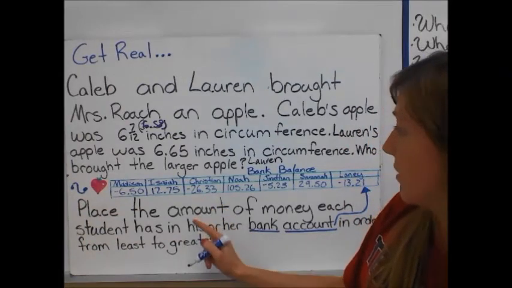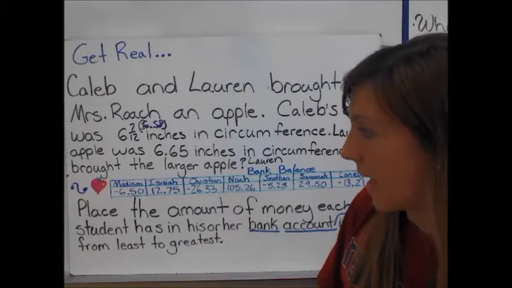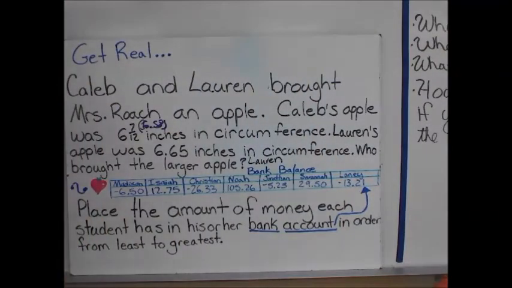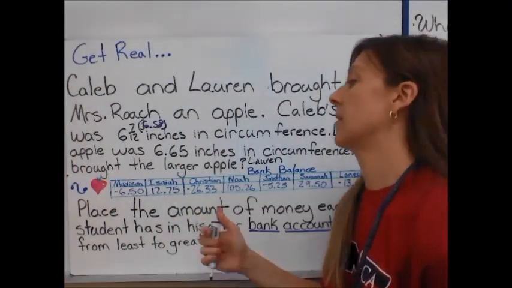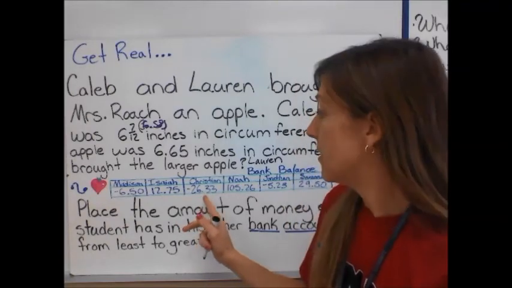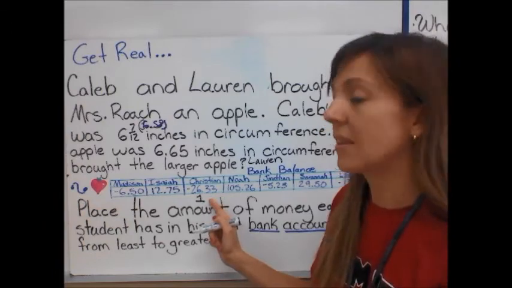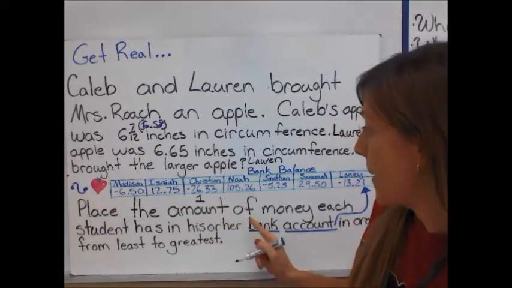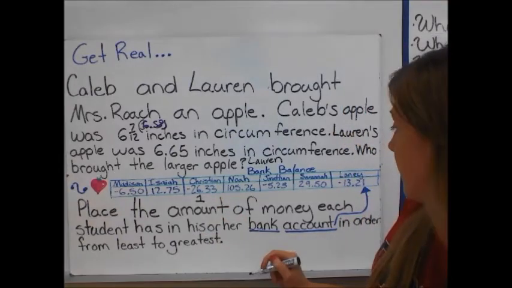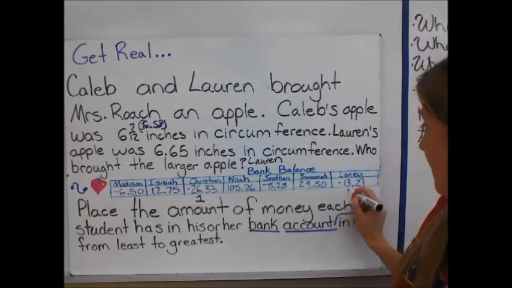From least to greatest, Christian has the least amount of money, so his amount would be first. He's the farthest from 0. Next would be Lainey, who owes $13.21.